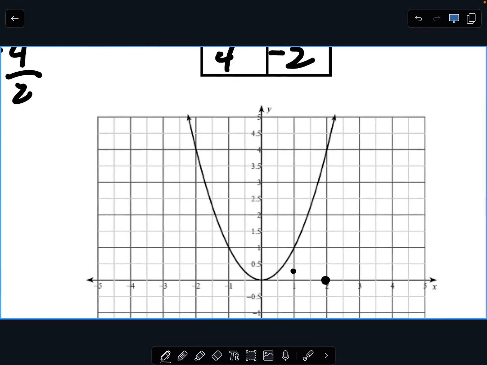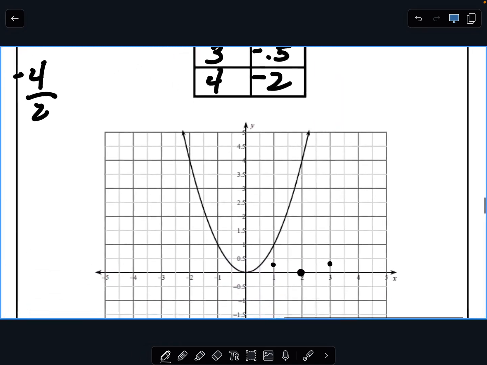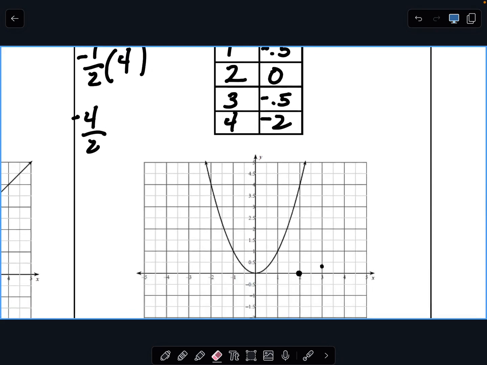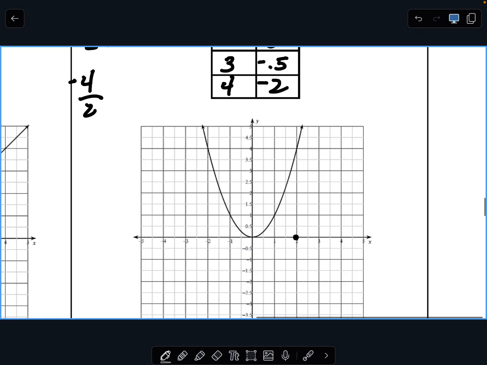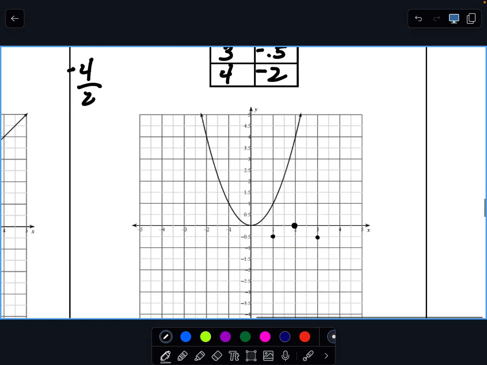So here and here, okay? And then at 4 and 0, I'm going to be, oh, sorry, negative 0.5. Sorry. So I'm going to be here and here. And then at 0 and 4, I'm going to be at negative 2.